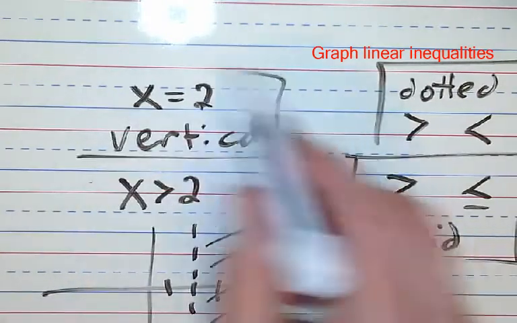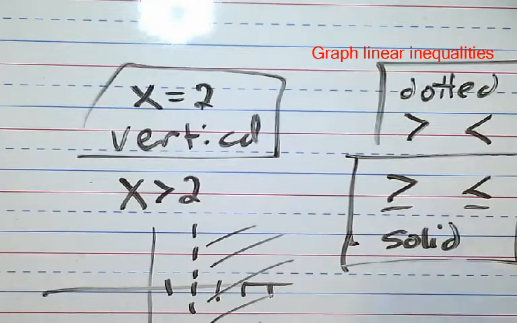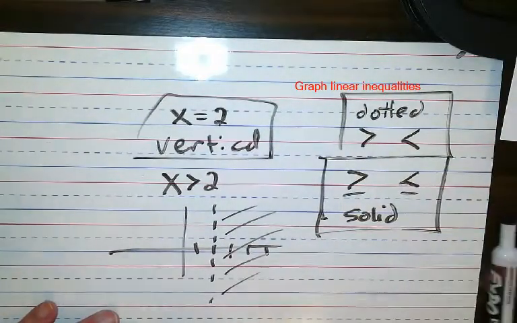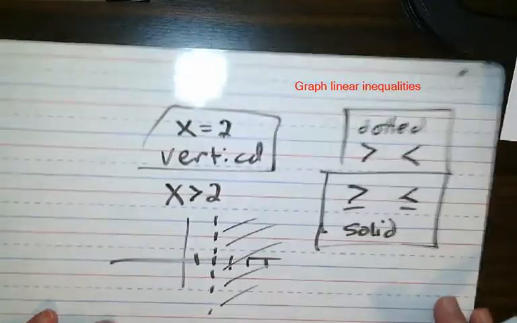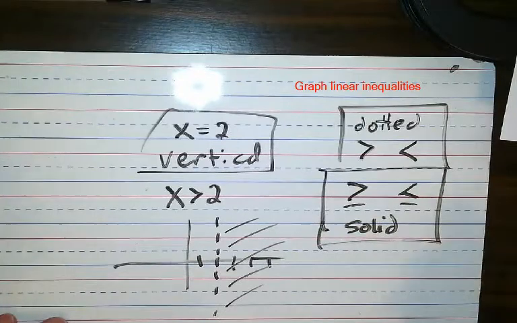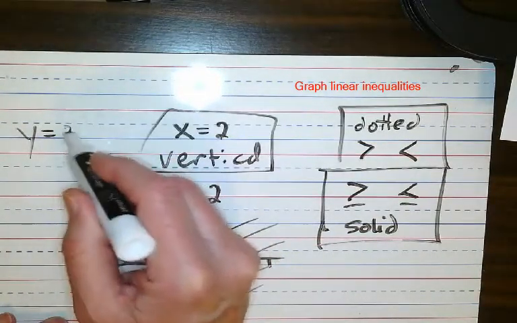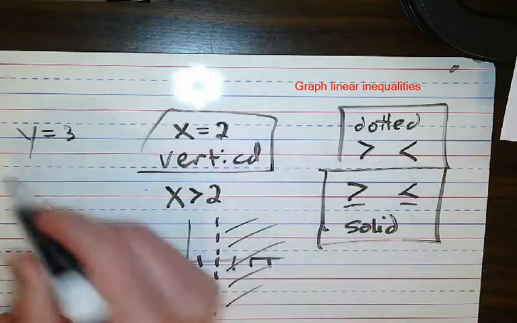Vertical lines are x equals. What about y equals? So y equals a number is horizontal.